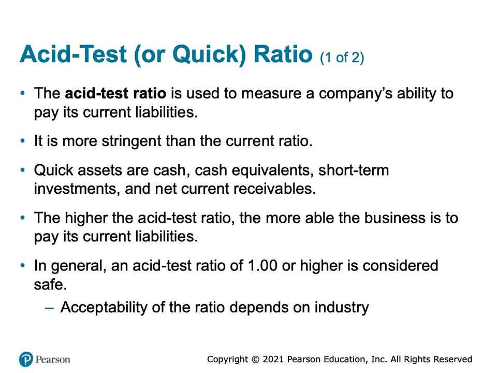And so the quick assets include cash, cash equivalents, short-term investments, and net current receivables. So the higher the acid test ratio, the more able the business is to pay its current liabilities.